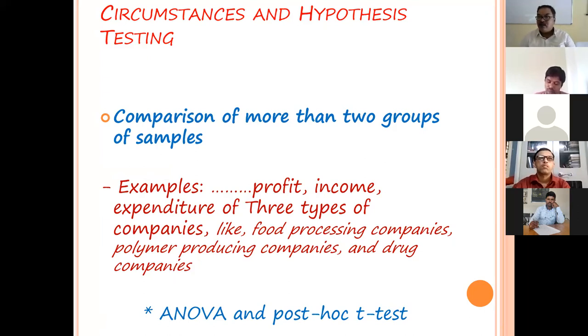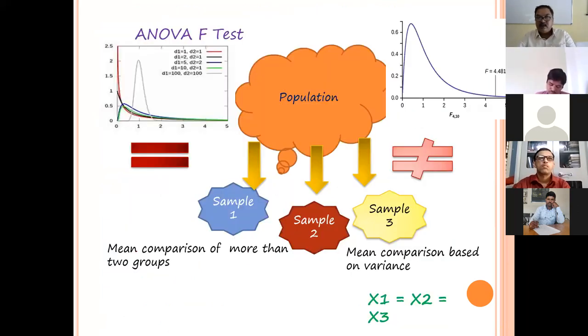As I have told you, there was one sample group from the population, then two sample groups, the same samples with two different observations, and now we have three sample groups: sample group 1, sample group 2, sample group 3. If this is the case, how do we make the comparison? What test can I follow? What distribution can I follow?